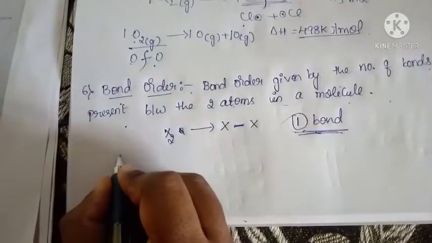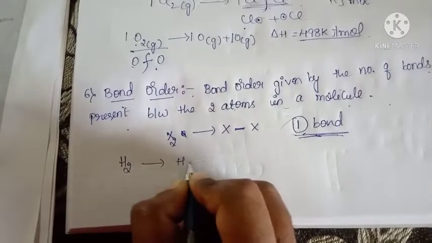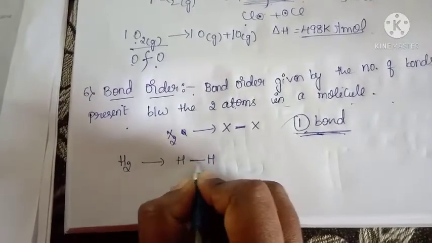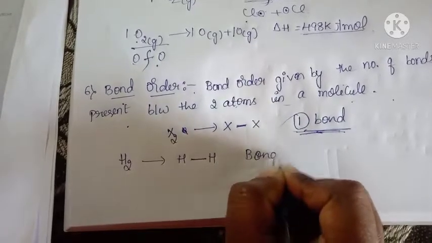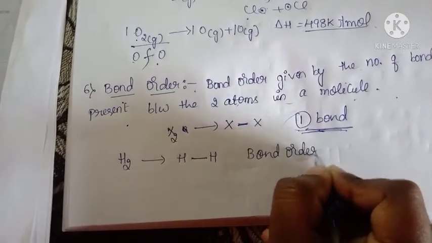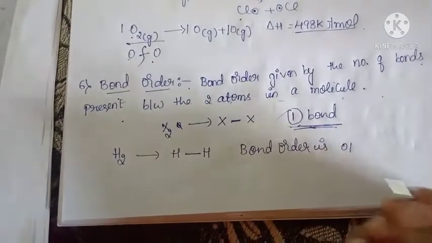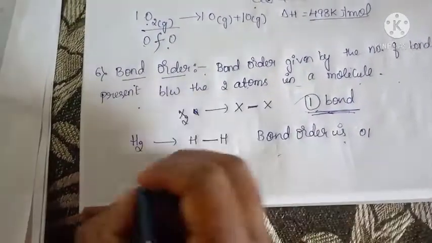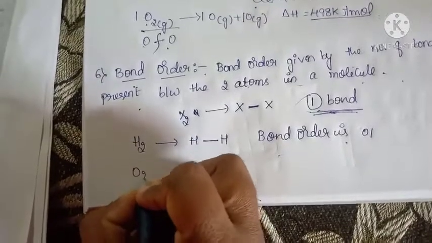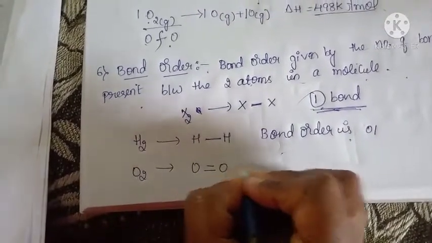For example, for the hydrogen molecule, H-H forms only a single bond. It means the bond order is 1. In your previous classes, first PUC and second PUC, you have to learn about bond order. Also, for example, oxygen, O double bond O.